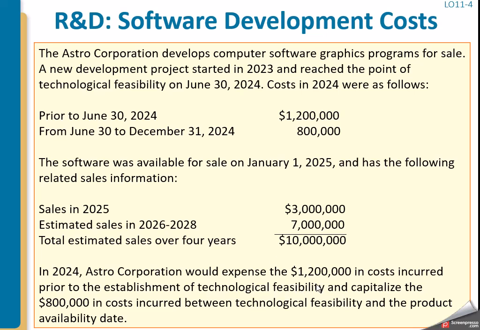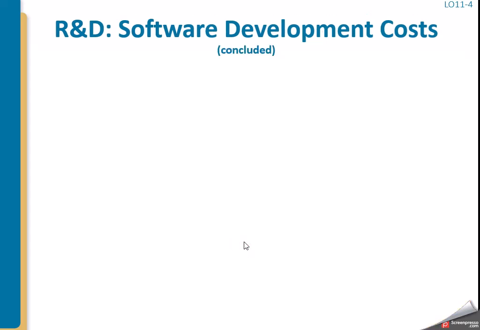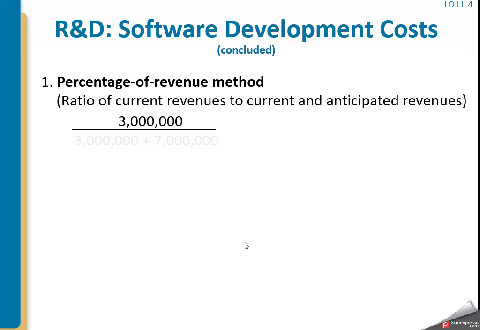And they'd like to expense the $1,200,000 of costs incurred prior to the establishment of technical feasibility, because that is what we talked about in a prior chapter. Any of those R&D type expenses that are incurred before it get charged off to expense. The $800,000 is what you could capitalize and then charge off to expense.